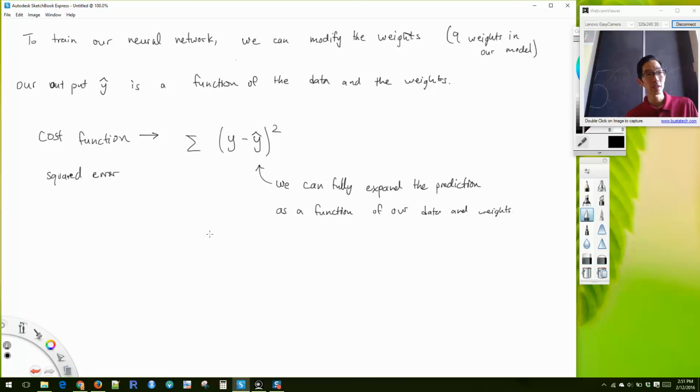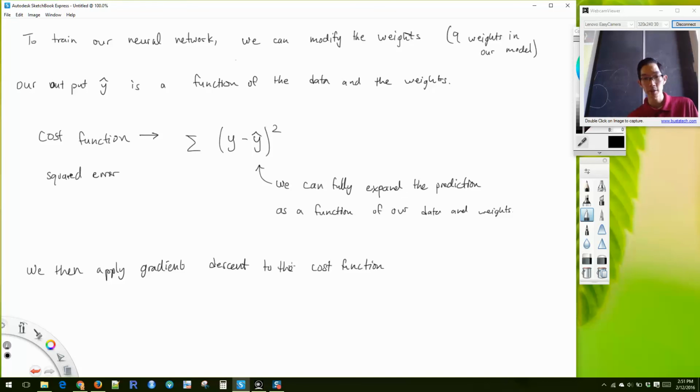On Wednesday, we'll apply gradient descent to this cost function. We'll try to minimize the cost function as a way to search for the appropriate weights to use in our model.